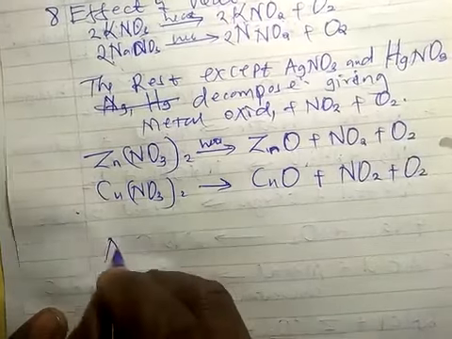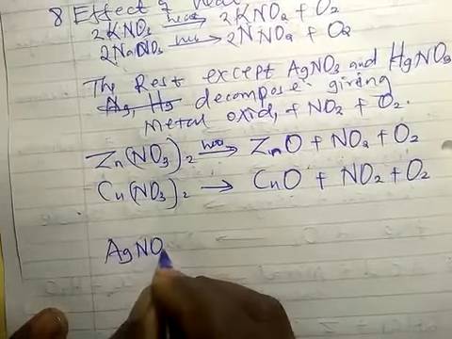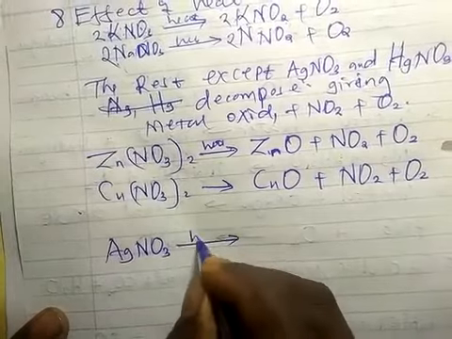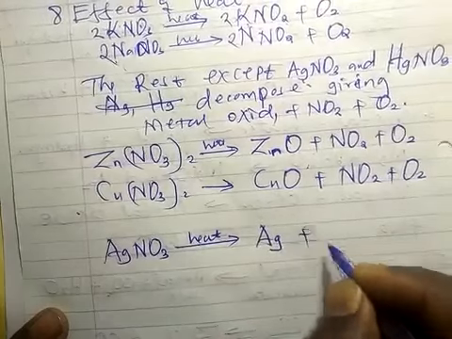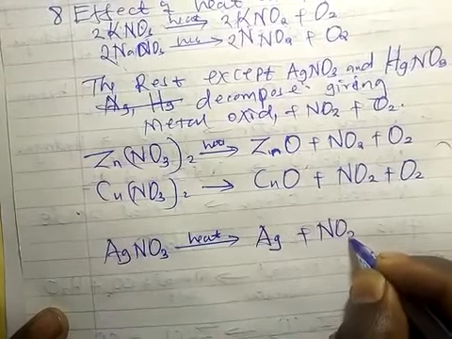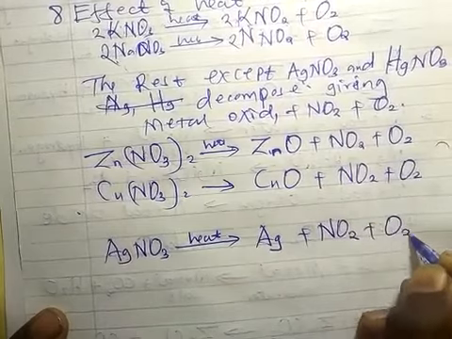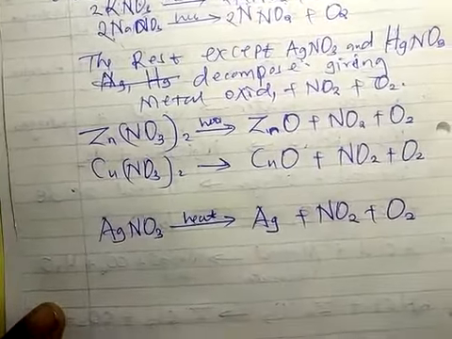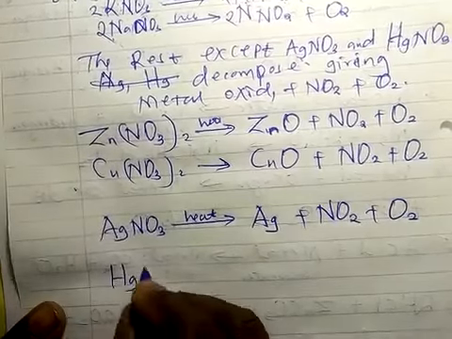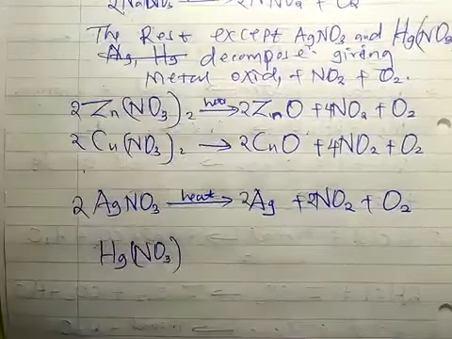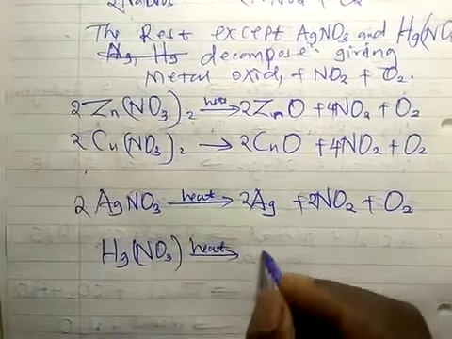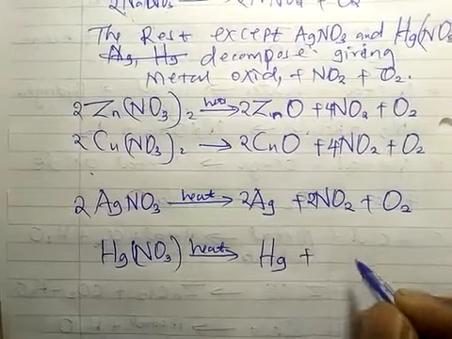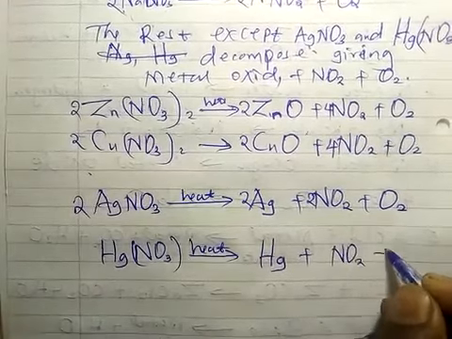Silver nitrate decomposes on heating to give you silver itself plus nitrogen 4 oxide plus oxygen. That is the difference. Mercury nitrate will decompose when heated to give you mercury itself plus nitrogen 4 oxide plus oxygen.